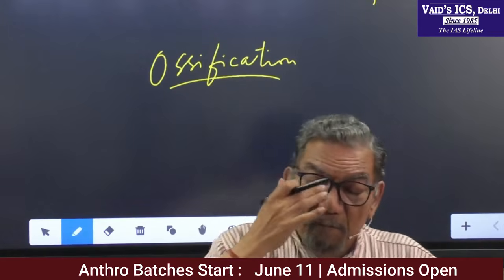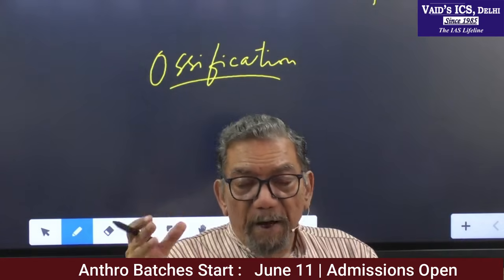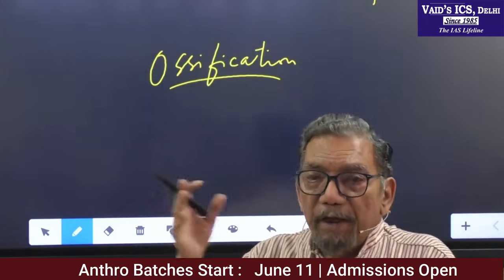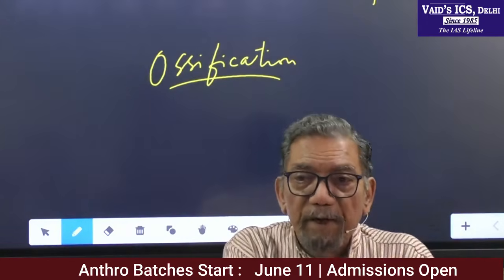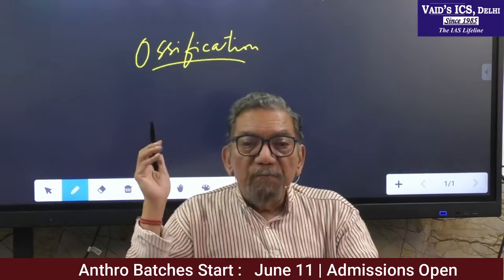Actually, bones are divided into certain parts, like long bones divided into 3 parts. Hip bone divided into 8 parts. So gradually they fuse together different parts, and the process is called ossification.